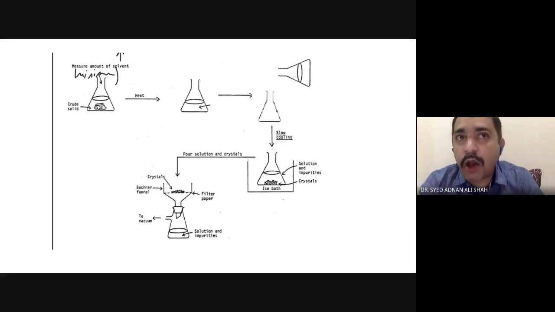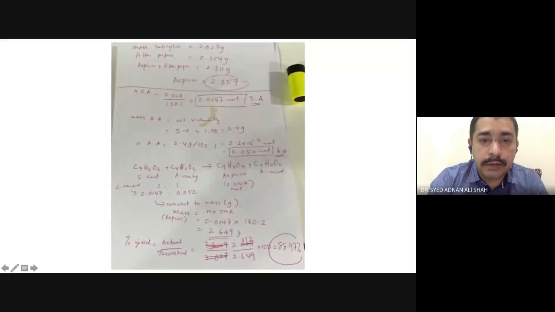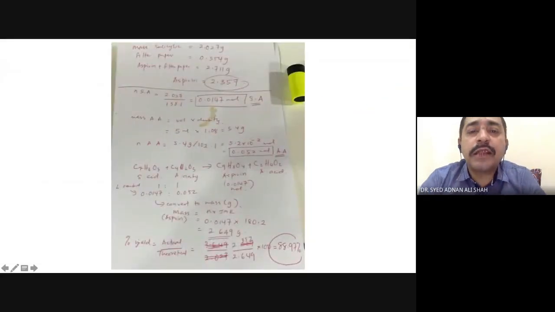So by taking 2.0 grams of salicylic acid, how much aspirin will form? That is the second process. Now you can see this calculation.